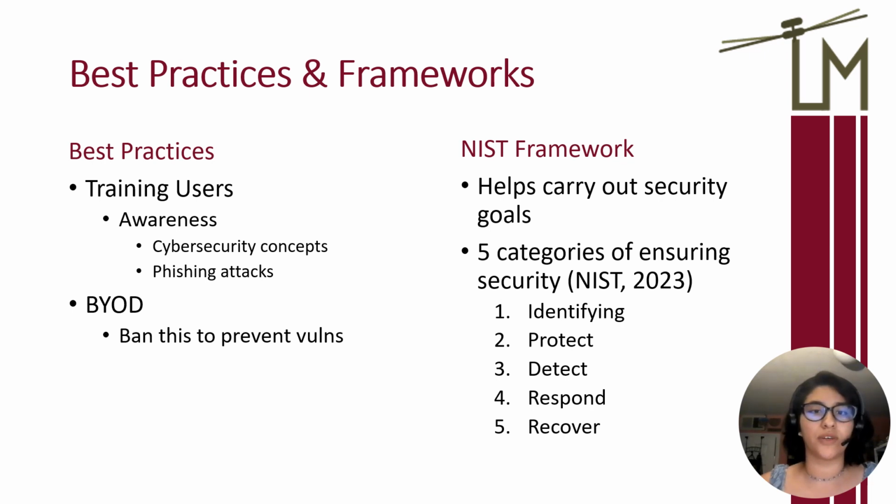Additionally, following frameworks like the NIST framework, which can guide the organization with carrying out a security program, can also be implemented. This is done by dividing the practices into 5 categories for ensuring security: identifying things like vulnerabilities and protecting from them, as well as detecting intrusion or attacks, responding to these attacks, and, if necessary, recovering from breaches.